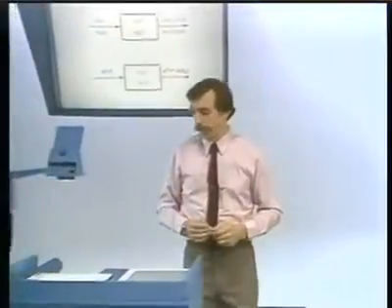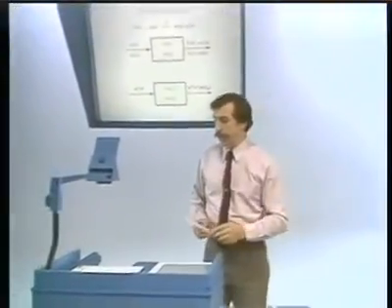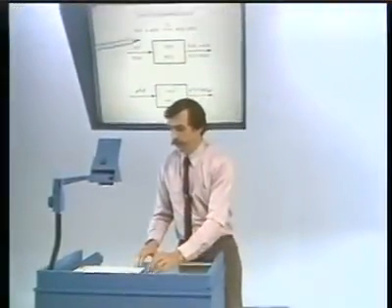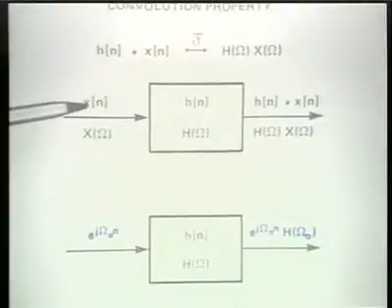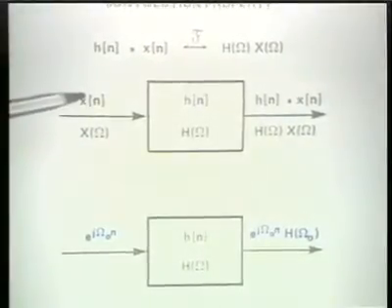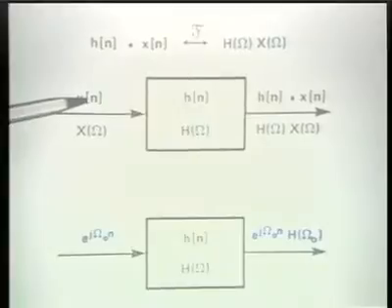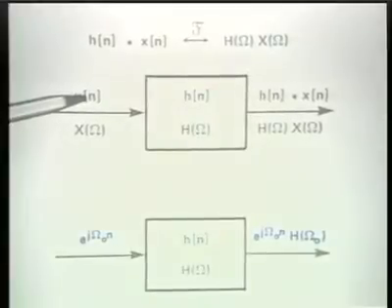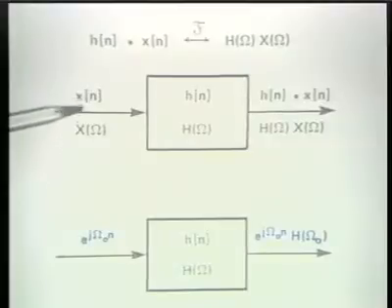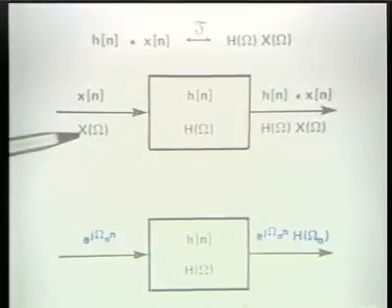Specifically, the argument was that the Fourier transform of a sequence or signal corresponds to decomposing it into a linear combination of complex exponentials. What's the amplitude of those complex exponentials? It's basically proportional to the Fourier transform.